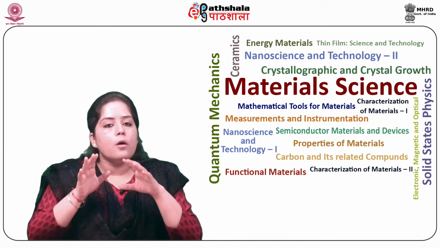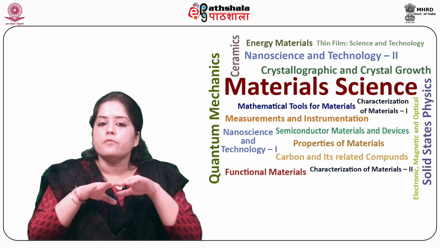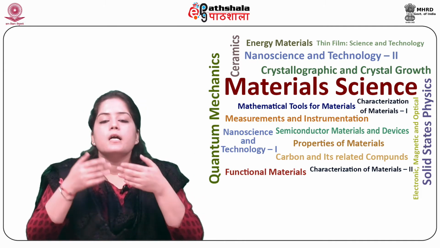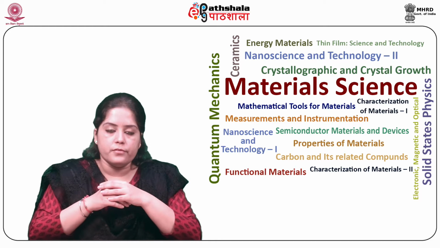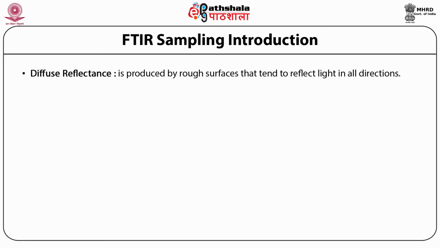So the most common applications of this technique are the evaluation of surfaces such as coatings, thin films, contaminated metal surfaces. So let us now discuss the diffuse reflectance, which is produced by rough surfaces that tend to reflect the light in all directions.